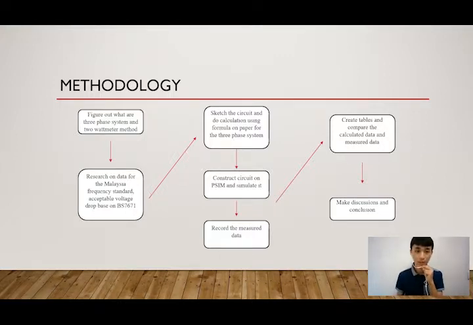Next, we will construct the circuit on PSIM software and do the simulation on it. After the simulation is done, record the measured data in a table so that we can compare the calculated data and measured data, and in the end make a discussion and conclusion on it.